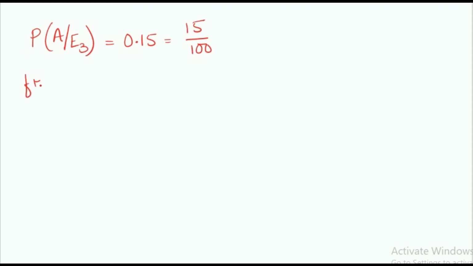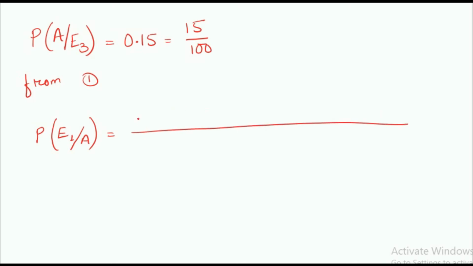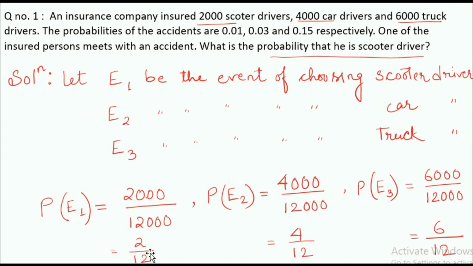Now from one, the probability of a scooter driver meeting an accident is what is asked in the question. Please listen to what I am saying very carefully, then only you will understand. So this will be probability of E1. What is the probability of E1? It is 2 by 12.